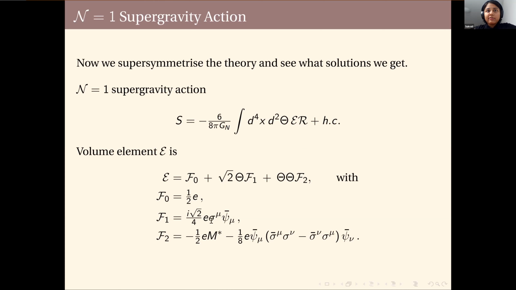F1 has the Vierbein again and the gravitino, and F2 has this scalar field, capital M star, which is an auxiliary scalar field. So these are the components of the volume element superfield epsilon.